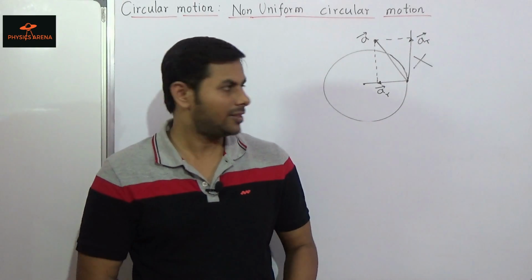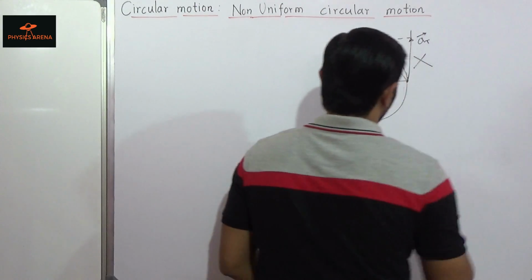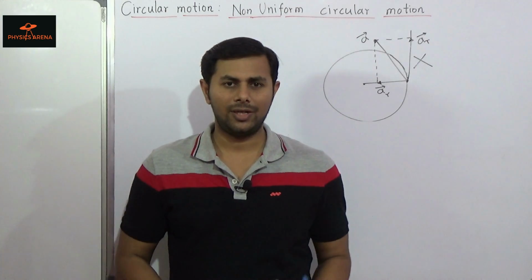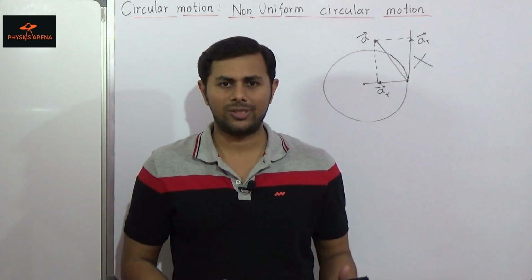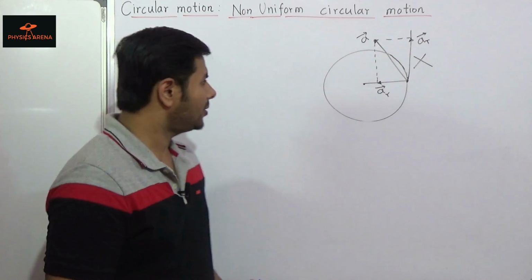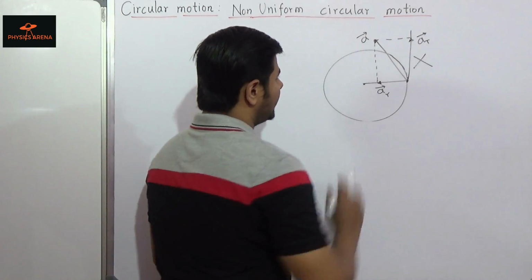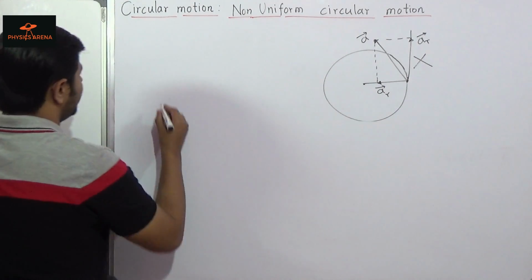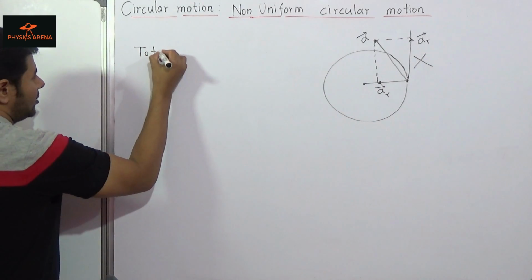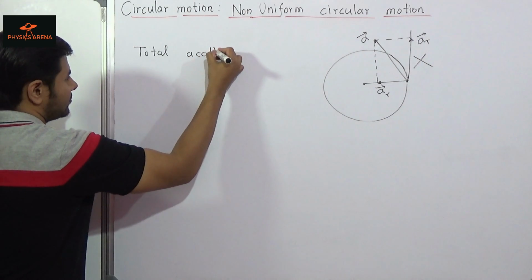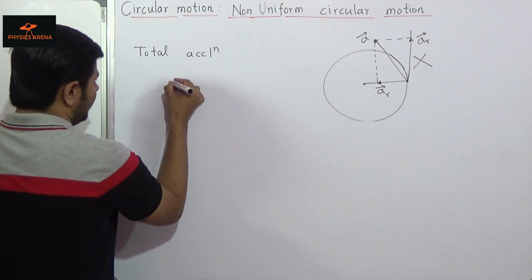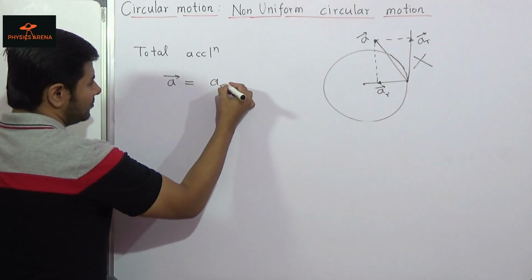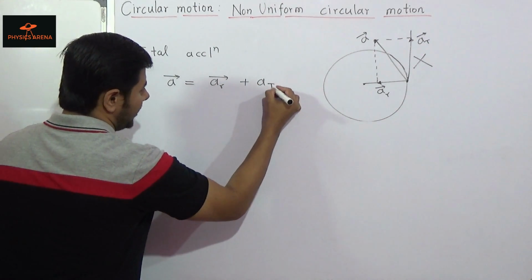So we have seen that we cannot have this tangential component of acceleration in uniform circular motion, but in non-uniform circular motion there is no such restriction. So we will have both these components of acceleration, and therefore in non-uniform circular motion we can say the total acceleration a bar equals ar bar plus at bar.